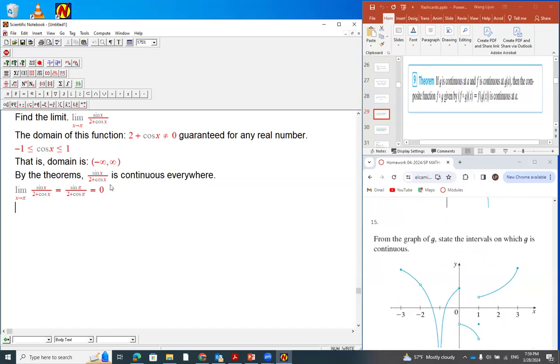Next, what is the relationship between a continuous function and a function having a limit at A?